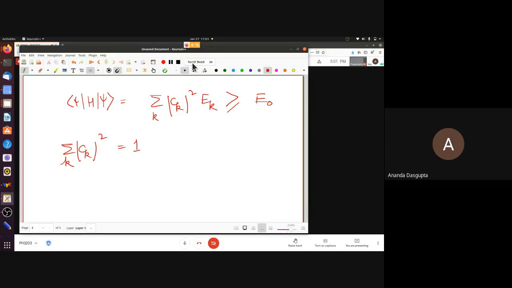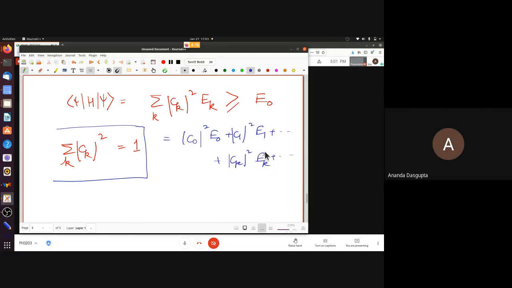Now, you may say what I said right now is not really very mathematically rigorous, so let's make it a bit more rigorous. All I'm saying is this is c_0 mod square E0 plus c_1 mod square E1 and so on, c_k mod square E_k and so on, and E0 is the lowest among E0, E1, E2, E_k.